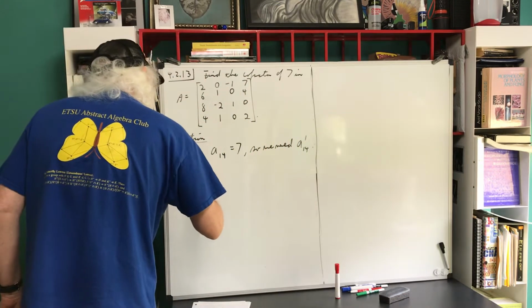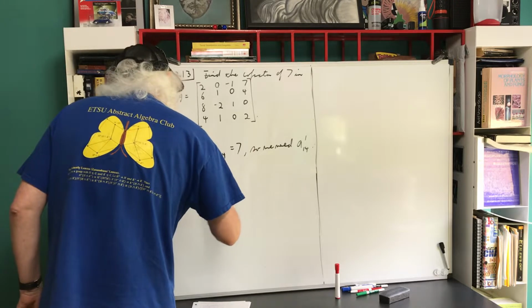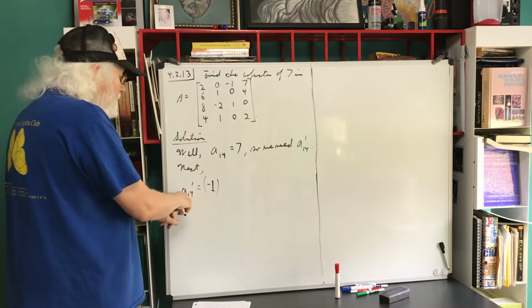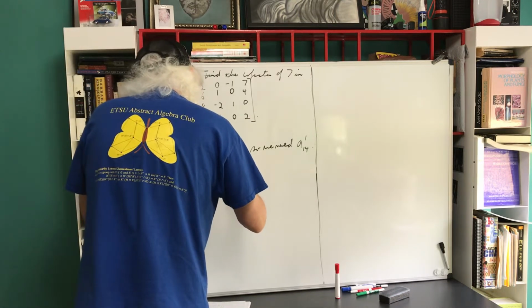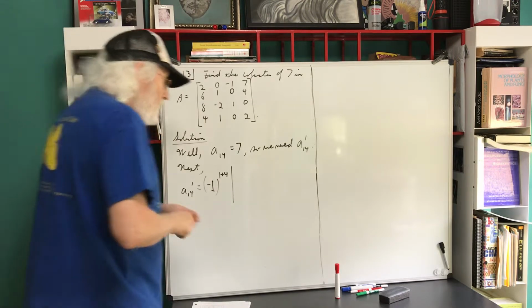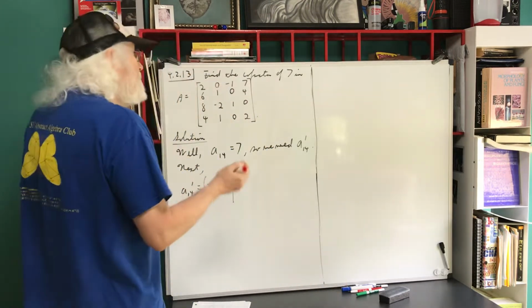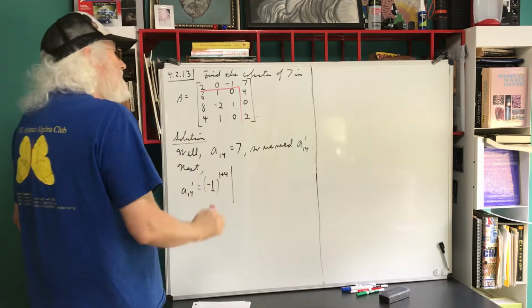All right. A sub 14 prime would be negative 1 to the power 1 plus 4, times the determinant of the associated minor matrix. Okay, so we'll eliminate the row and column containing 7.